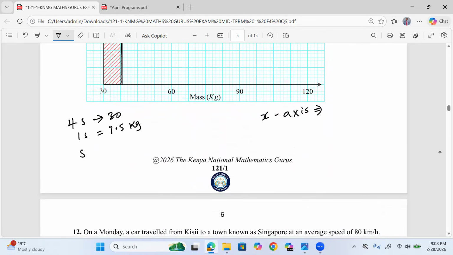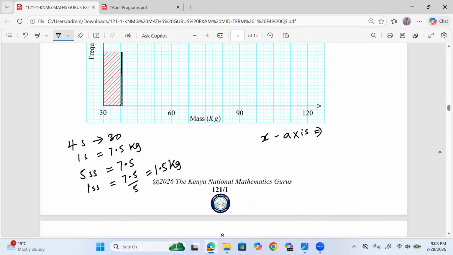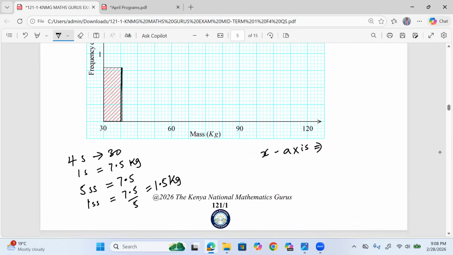If 5 small squares represent 7.5, what about one small square? It shall be 7.5 out of 5. This is exactly 1.5 kgs.